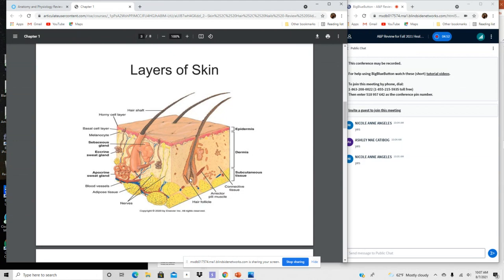As nurses, it's important for us to understand the different layers and structures of the skin because of our role in medication administration. Certain medications can be given intradermally or subcutaneously, which means that they go into this fatty layer of tissue underneath the dermis. Does anyone know any medications that are given subcutaneously?